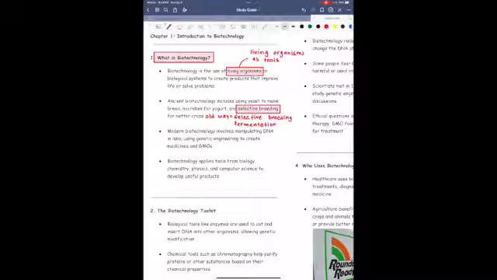And then the modern way is manipulating DNA in labs, so using genetic engineering, right? So using human insulin to make that product. So the new way is genetic engineering.